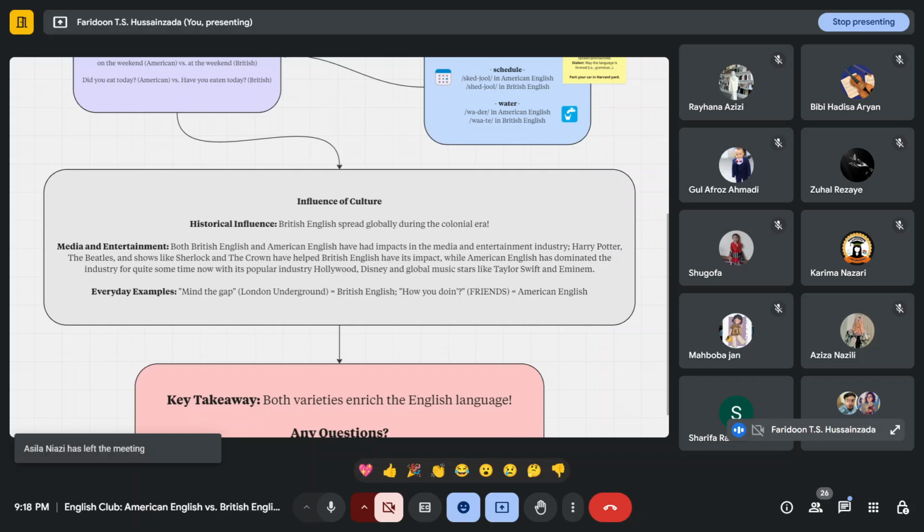So the British people decided to be different from the poor people, or as they like to call them, the peasants, people who are not really rich and are just living on the streets. So how would they be different in the way they speak? They made their variety of English non-rhotic.